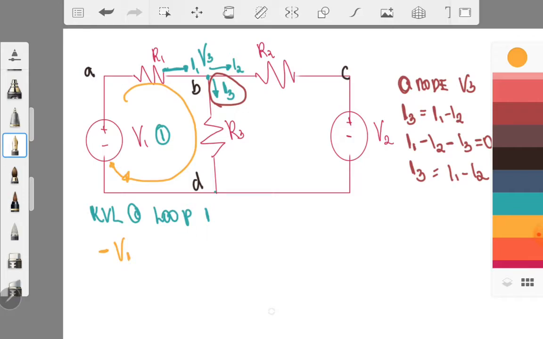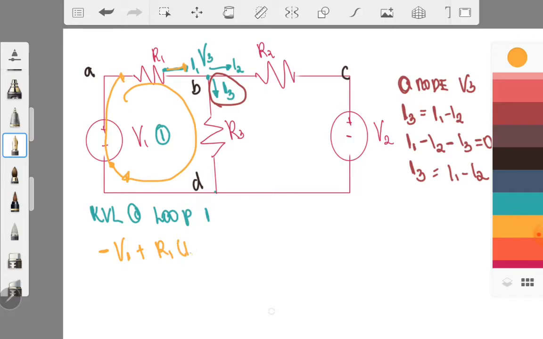And then, I always tell you guys, if there is no polarity of voltage established on a resistor, always assume that the current enters at the positive, as long as your I1 is with the flow of your loop current. So we have negative V1 plus R1 multiplied by I1.